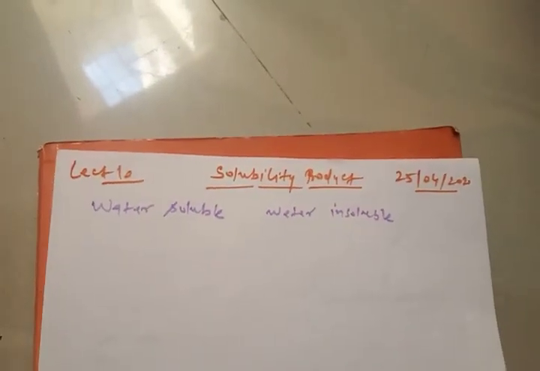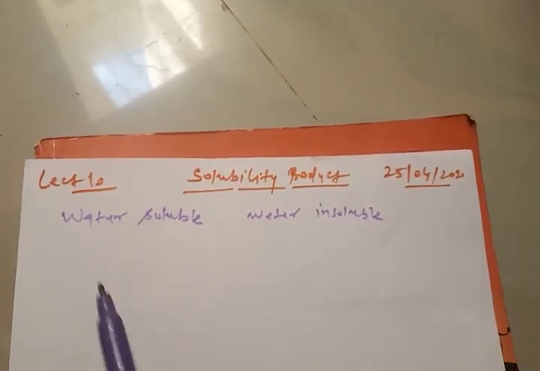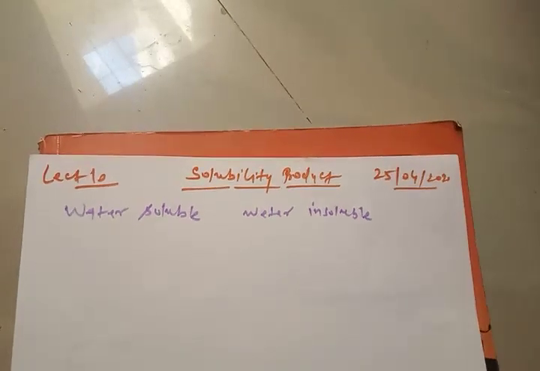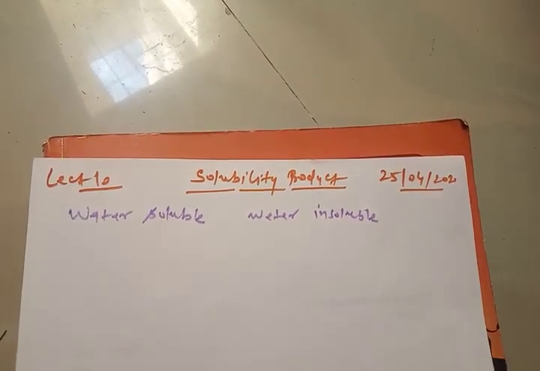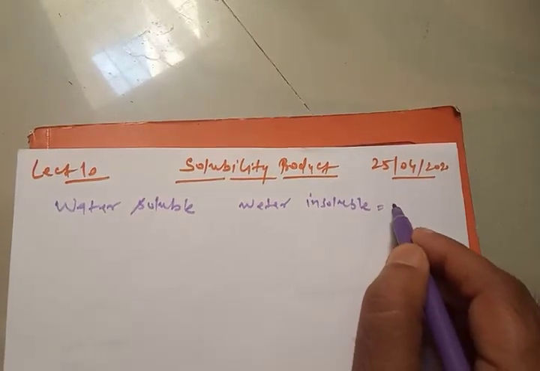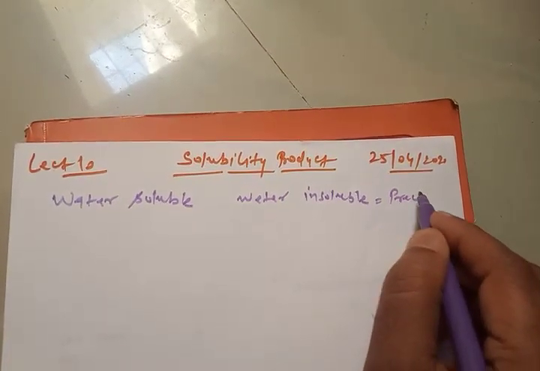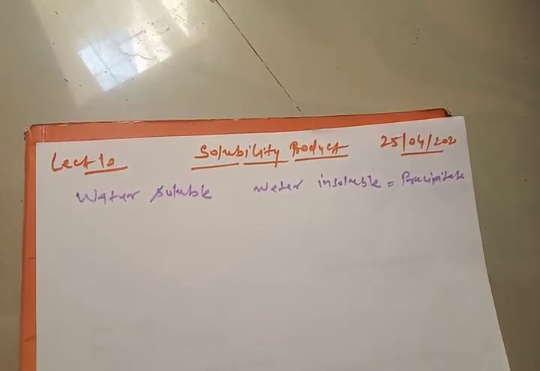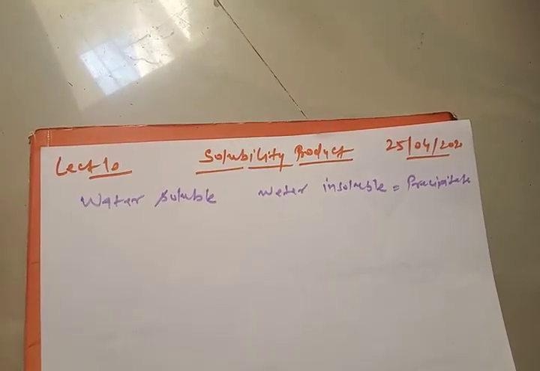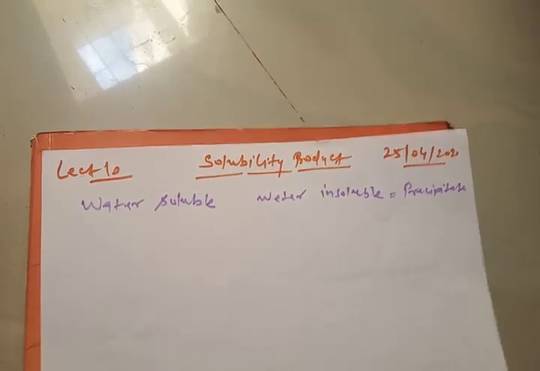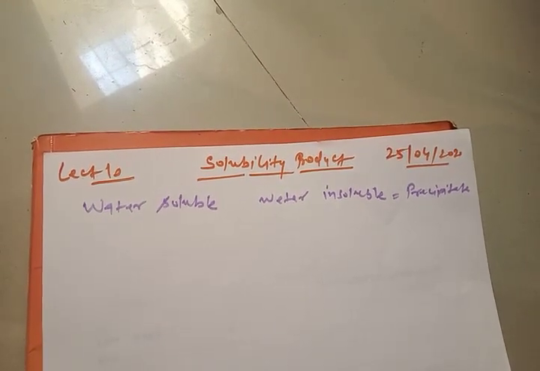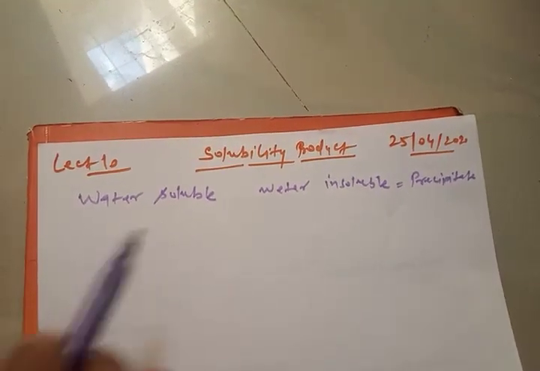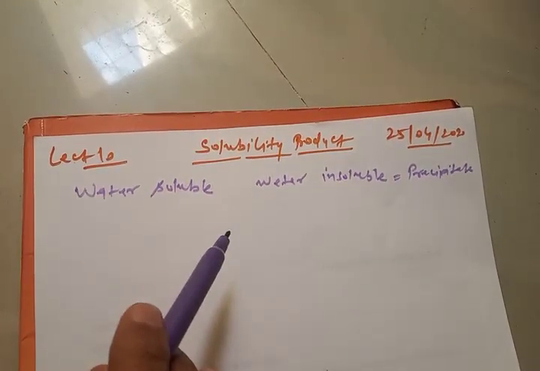That is the prior definition of solubility I'm talking about. Water insoluble means there is a formation of precipitate. Now this solubility product is something in between these two.